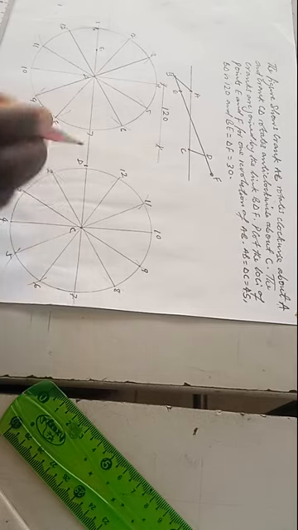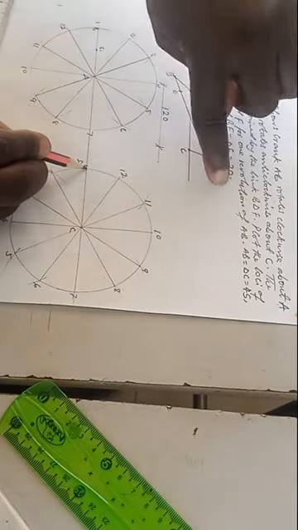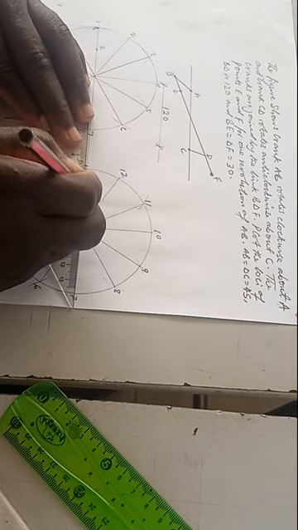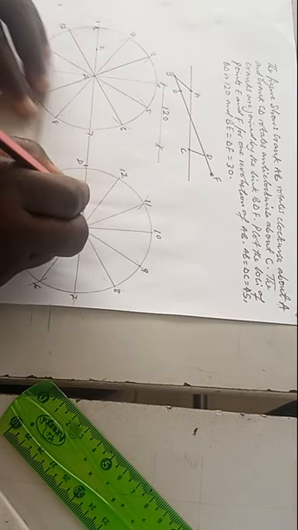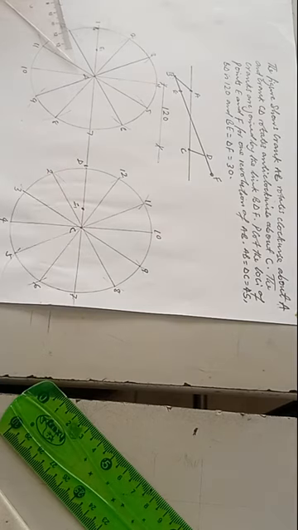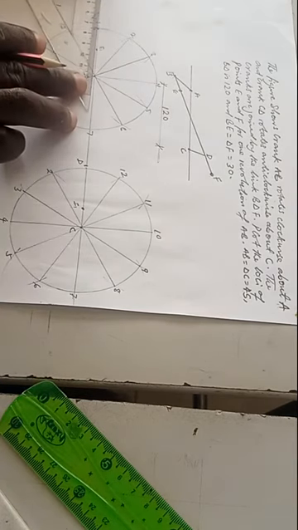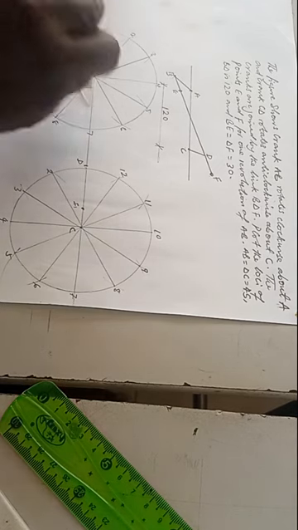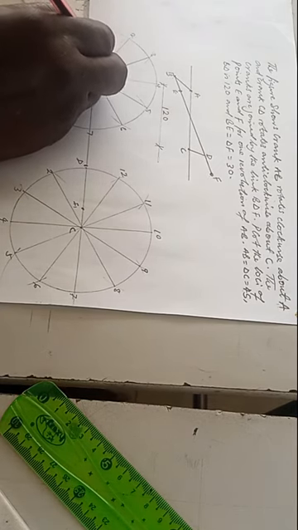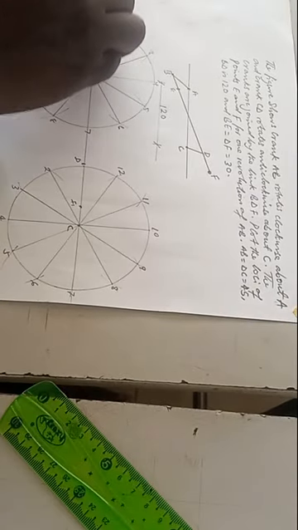From here you now measure F inside like this. This is 30, this is 30. That will represent F1. Now let us confirm this one. Is it 30? No, it's 20. So it should be 30. This is 30, so this is E1. Let me erase the other one.